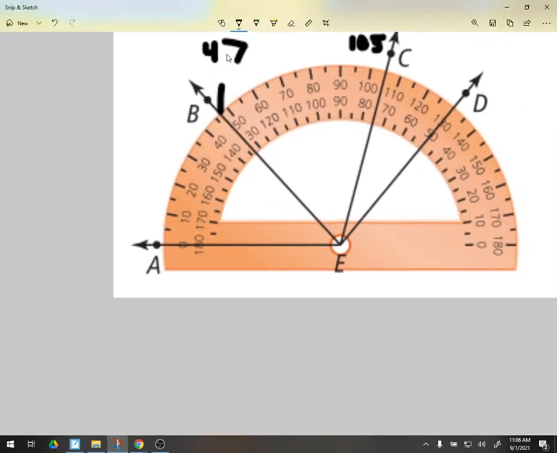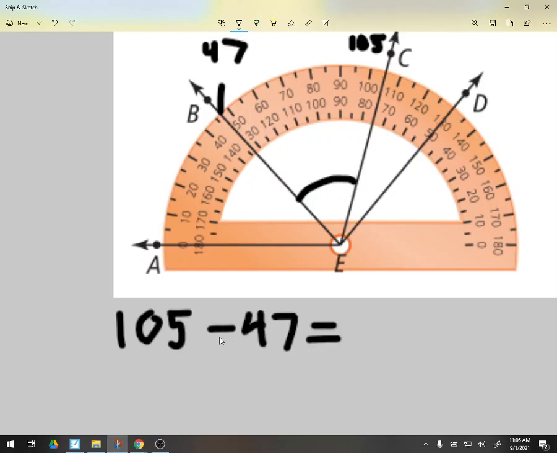So if we started at 47 and we ended up at 105, the measure of this angle then is going to be the ending minus the beginning. So if we did 105 minus 47, it should be what, 60? No, 50, 58? So my estimation is that it's about a 58-degree angle.